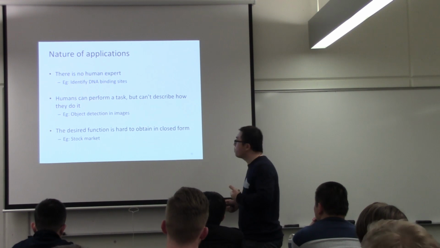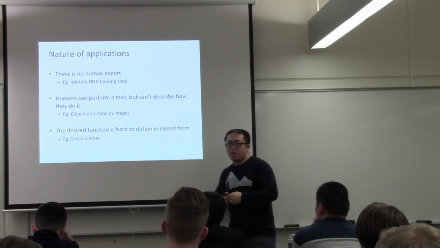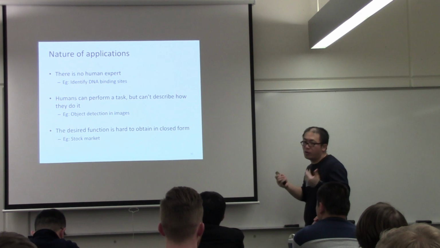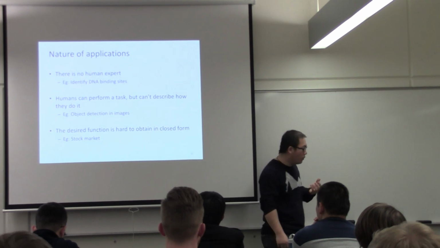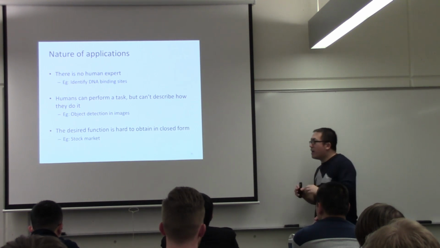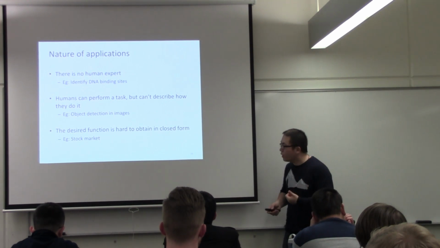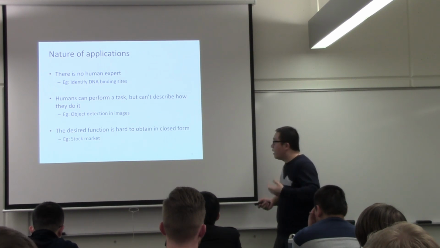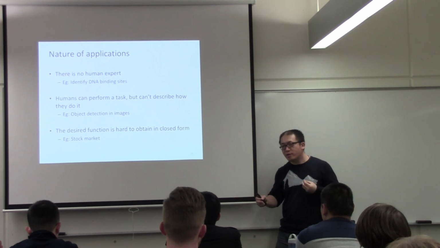And the third scenario could be that the desired function is too complicated to obtain a closed form or an analytic form. For example, to predict the stock market price, the researchers in finance have developed many complex and elegant mathematical theories, such as all kinds of random processes, PDEs, partial differential equations, etc., to characterize the perturbations of the stock prices.